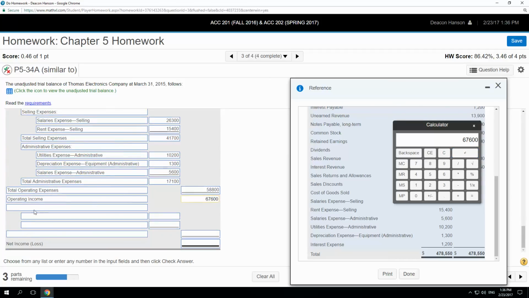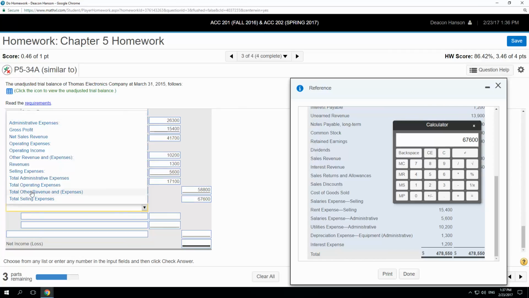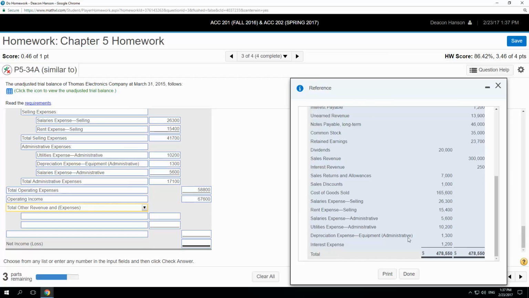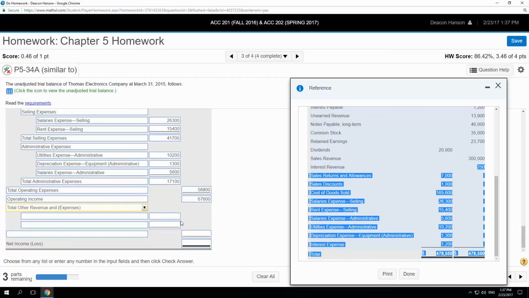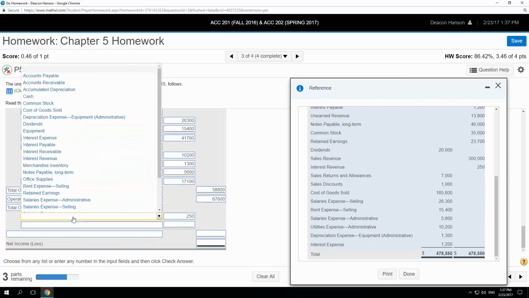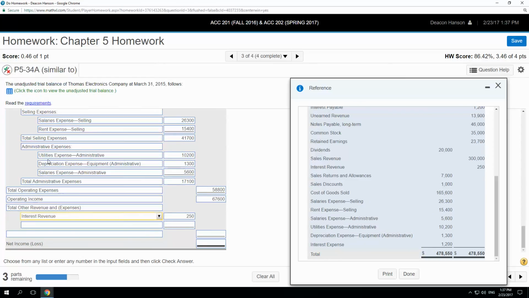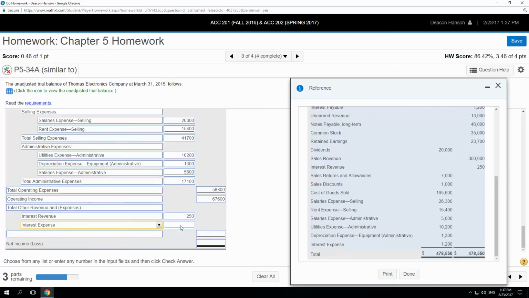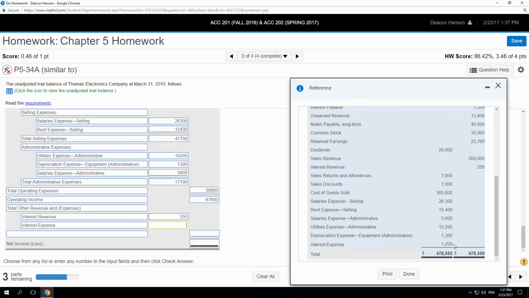Okay. Now we're going to have a category called other revenue and expenses, and that's where your interest will go, whether it's interest revenue or interest expense. So we got to come back up here and look. We got interest revenue of 250. So I'll put that in as a positive. Interest revenue. And then I have interest expense of 1,200.